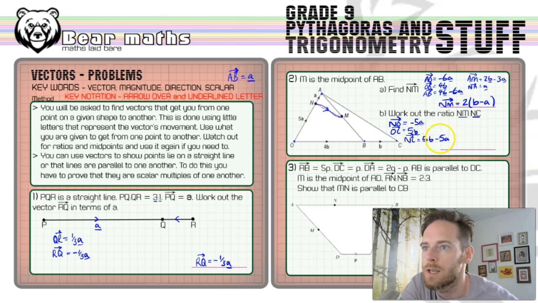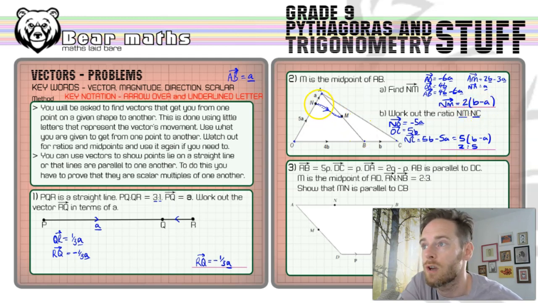The good news is we can factorise that again. So N to C is, I'll write it down just next to it like that, 5 and then b minus a. So what's the ratio? Well, N to M is 2 and N to C is 5. We've got the ratio of 2 to 5, because that's the number in front of the same vector there.